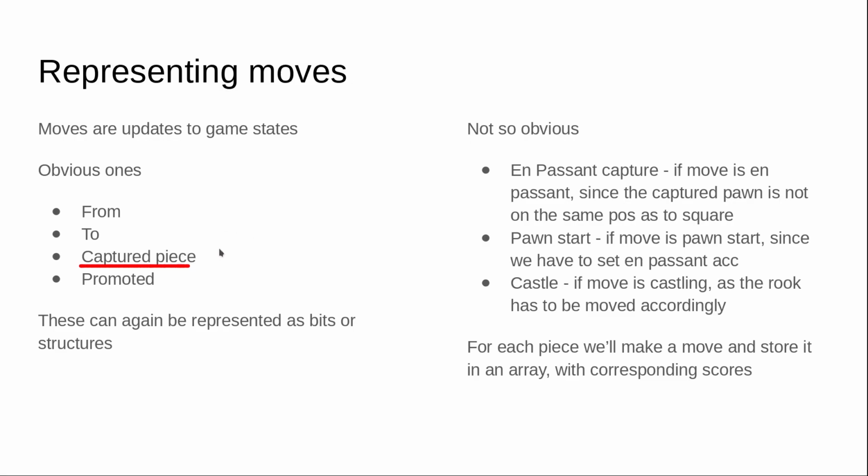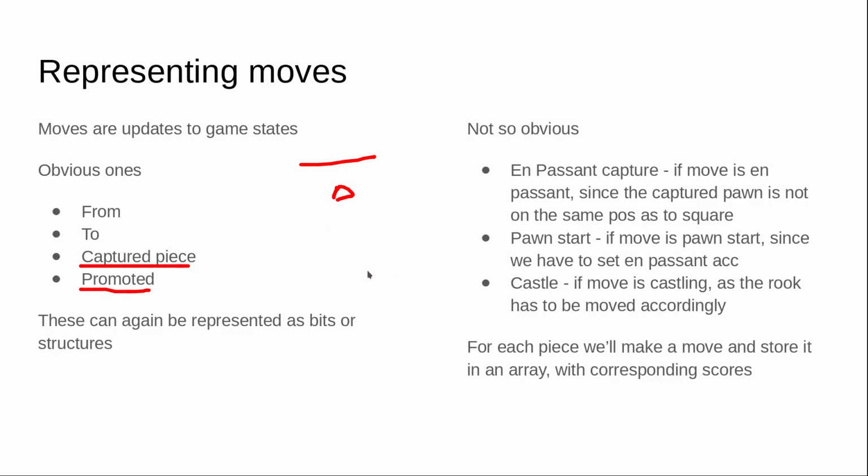And then we have a promoted piece. So if I have my pawn over here, and I reach the end side, then this pawn can be promoted to some other piece. So a move is telling me from where I'm moving, what piece I'm capturing, and what the pawn would later get promoted into.